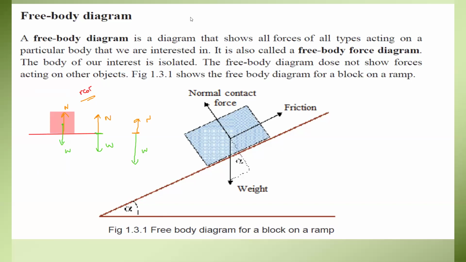If an object is stationary or at rest, then in a free body force diagram, the lengths of the arrows should be equal and they cancel out each other.